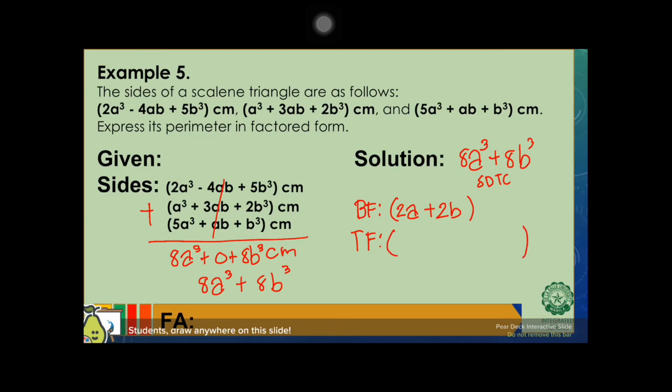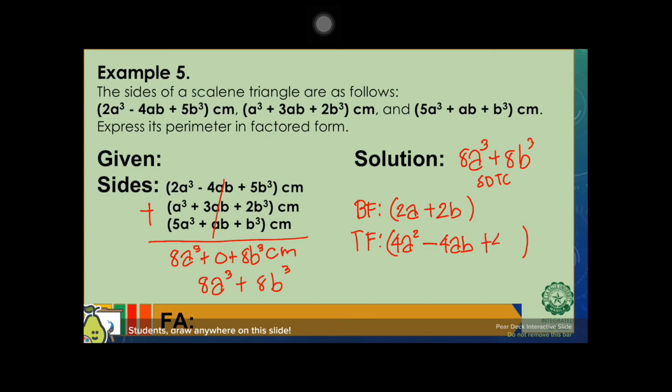So for the first term of the trinomial factor, simply square the first term of the binomial factor, which is 2a. So that would be 4a squared. Then after that, get the opposite operation of your binomial factor that will serve as the operation of your trinomial factor of the second term, and then you have subtraction. After that, get the product of the first term and the second term of your binomial factor. You end up having 4ab. Lastly, for the last term of your trinomial factor, you have the square of the second term of your binomial factor.